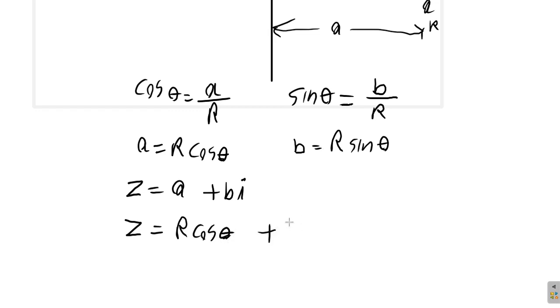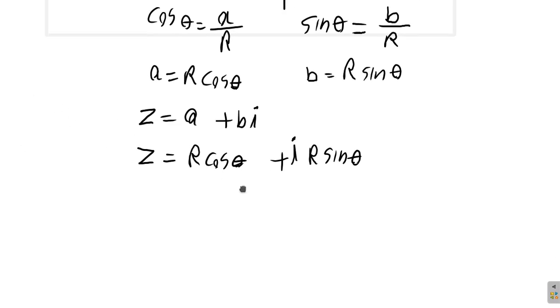Plus B, which is R sine theta I. Although sometimes writing it like this, it looks a bit awkward to put the I on the right. Let's put the I on the left. I R sine theta. Alright, good.